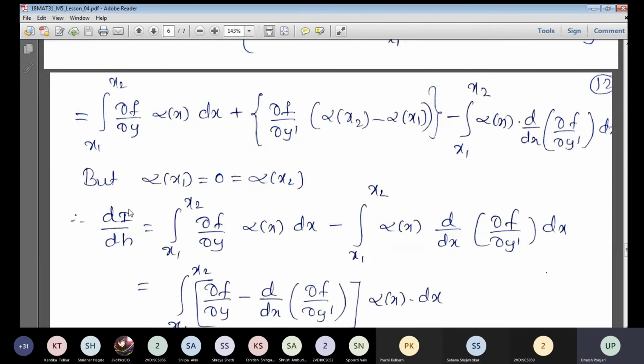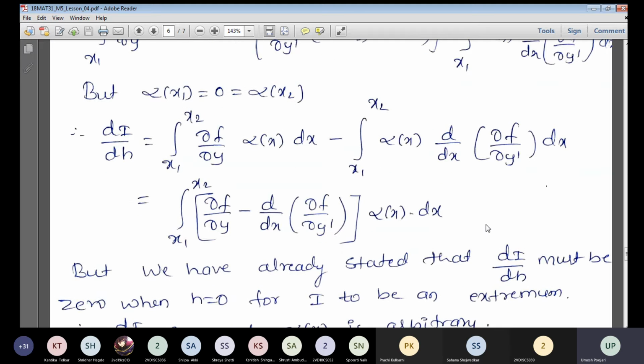So the remaining term is dI by dh equal to the integration of dou f by dou y into alpha of x from x1 to x2, minus the last integral as it is, integration from x1 to x2 of alpha of x d by dx of dou f by dou y dash with respect to x.